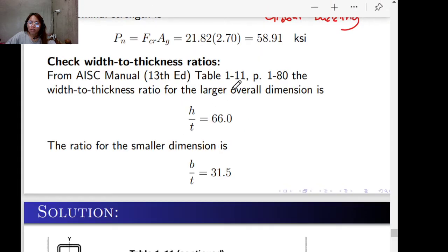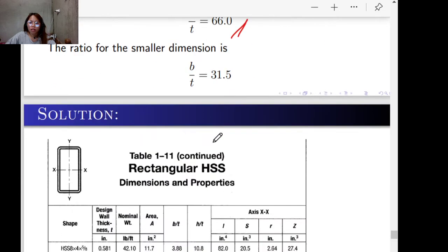This one, the larger overall dimension will govern, no? Since this is critical than this smaller dimension. So this is what we try to evaluate.